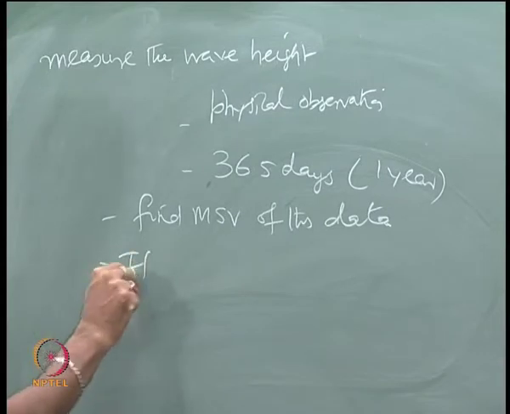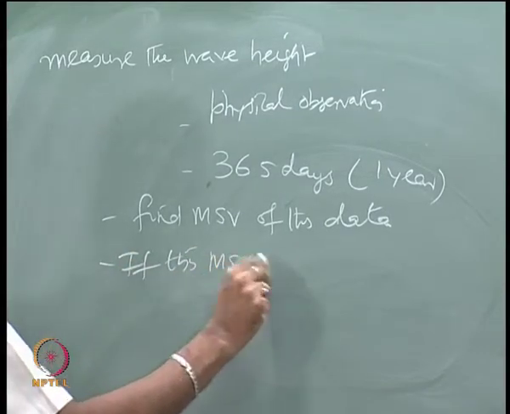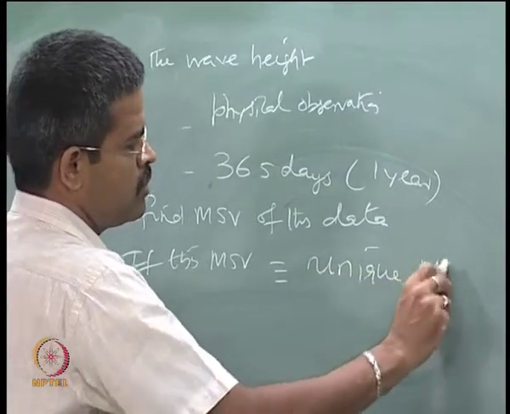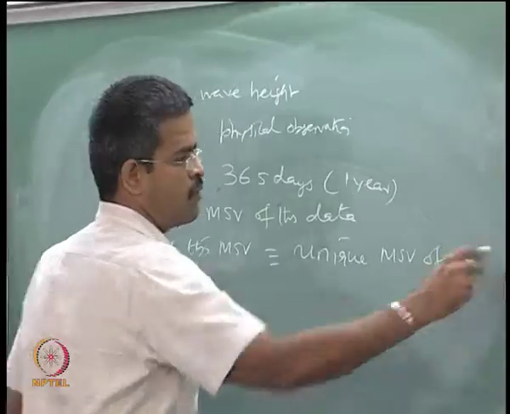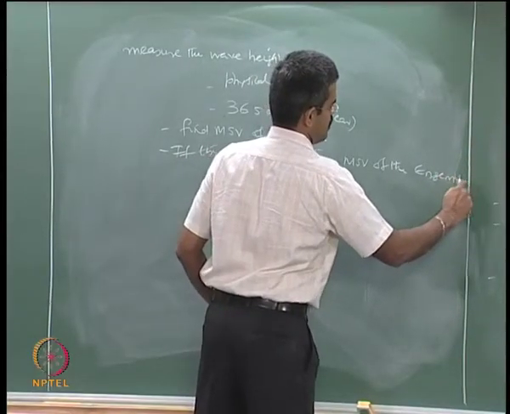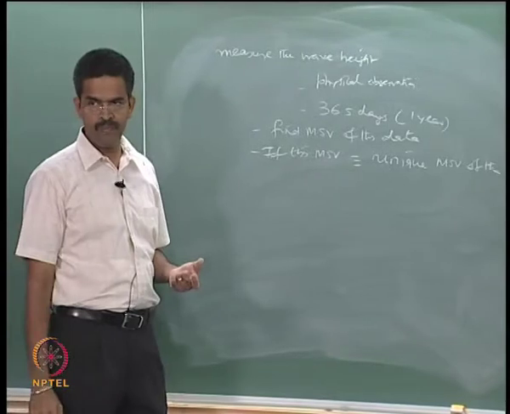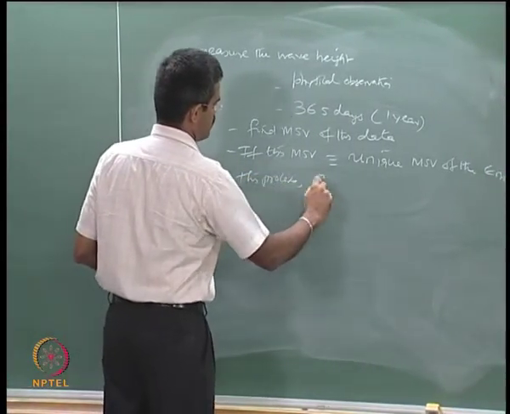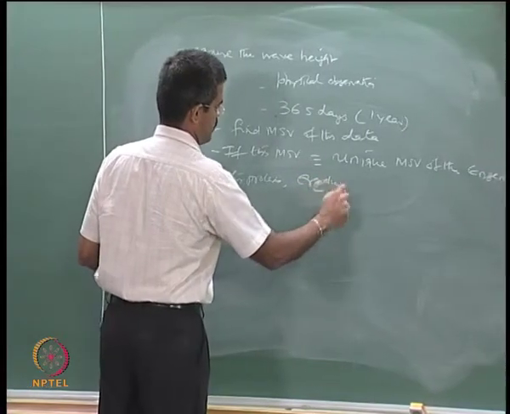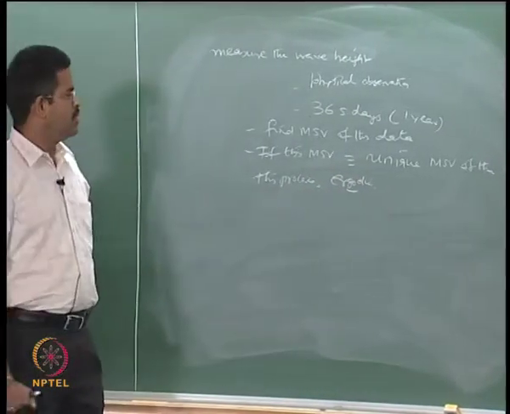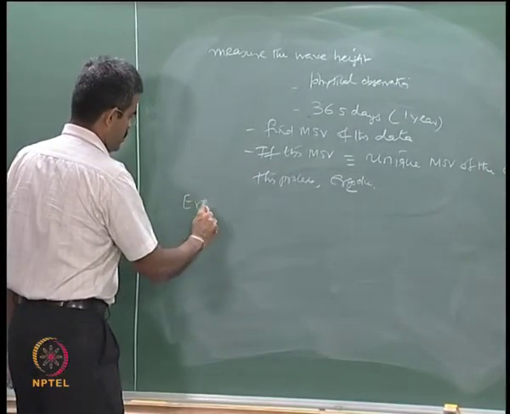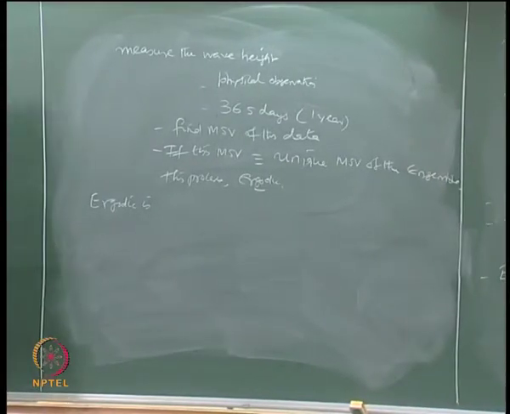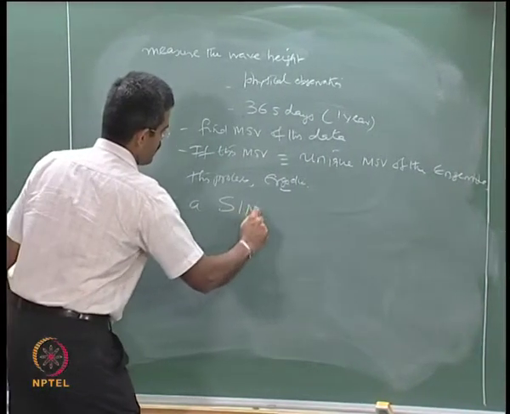If this mean square value is exactly equal to the unique mean square value of the ensemble, then this process becomes ergodic. So shortly, ergodic is a single sample.